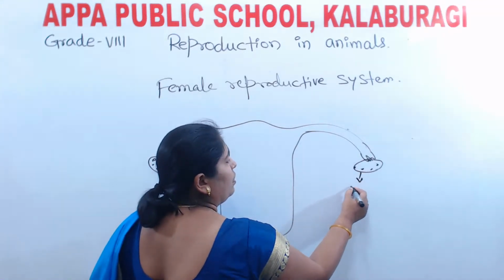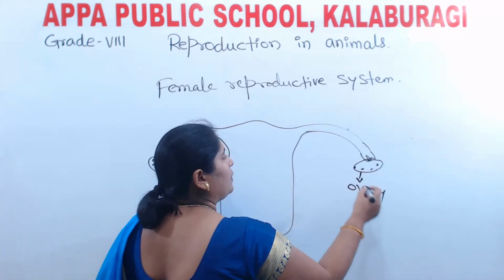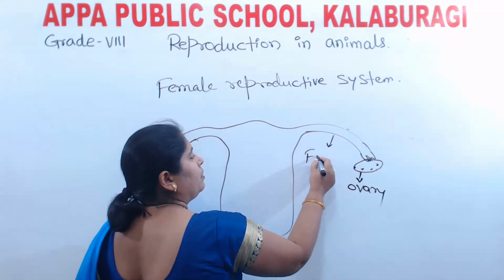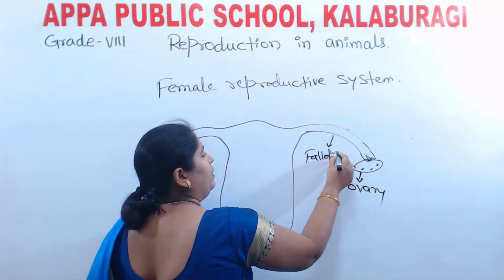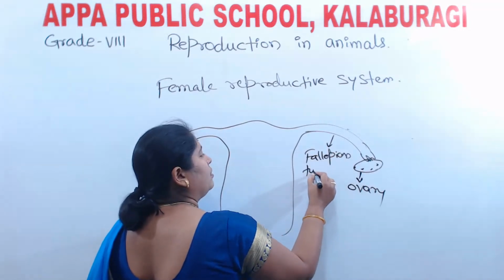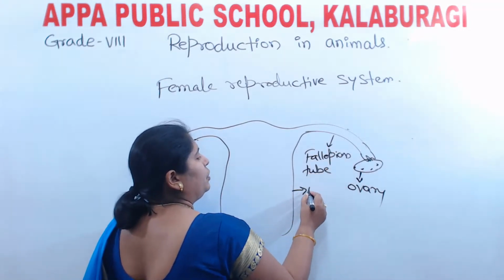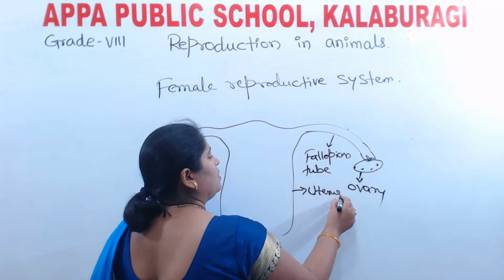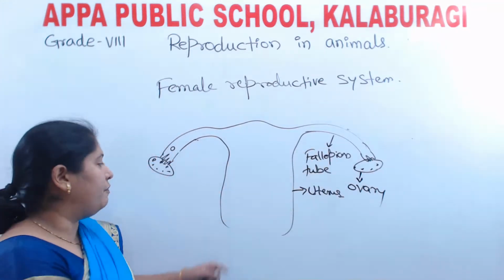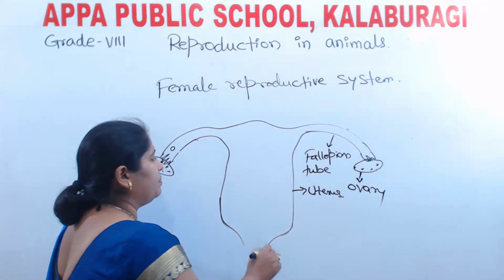This is the ovary, right? Fallopian tube, and this is the uterus part. Right? These are the three parts of the female reproductive system.